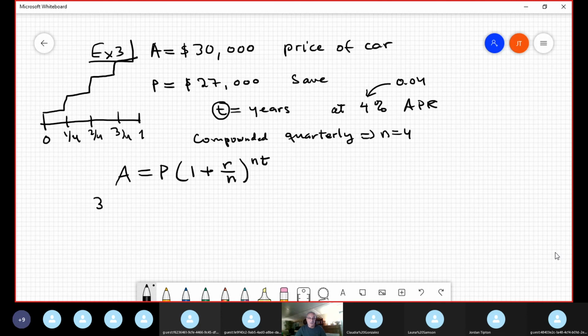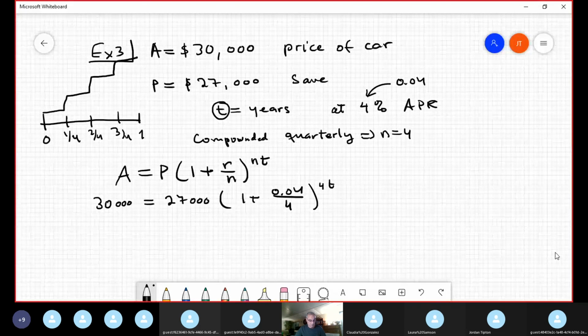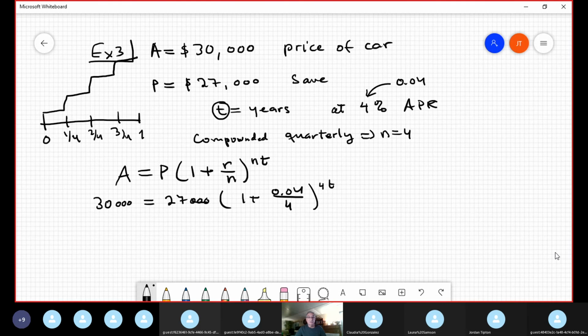This is 30,000. This is 27,000. 1 plus 0.04 divided by 4, because n is 4, and raised to the nt, but n is 4, so 4t. Okay, and this is my formula. We cancel out this 0 and this 0.